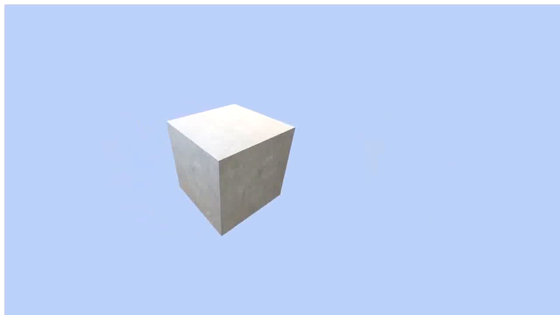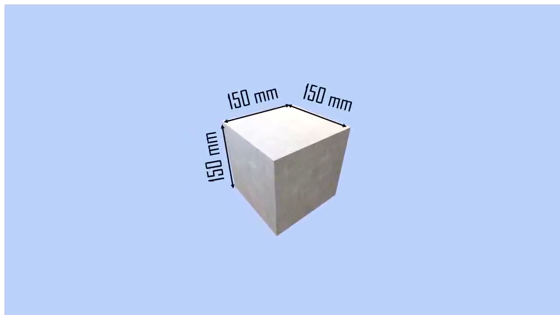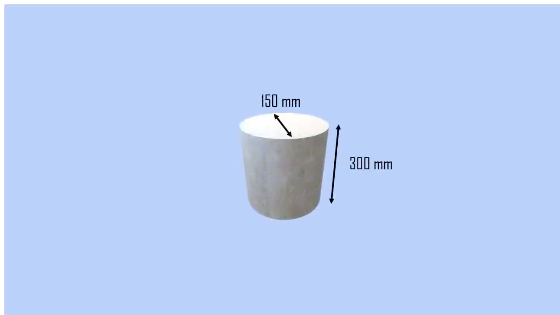The first one is a cube of size 150 x 150 x 150 mm, while the cylindrical specimen dimensions are a diameter of 150 mm and a height of 300 mm.